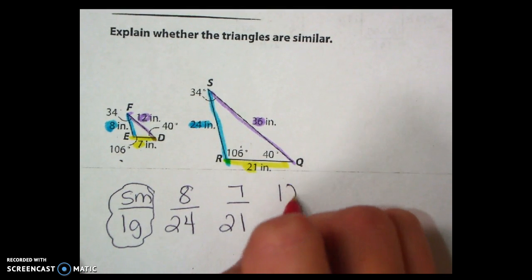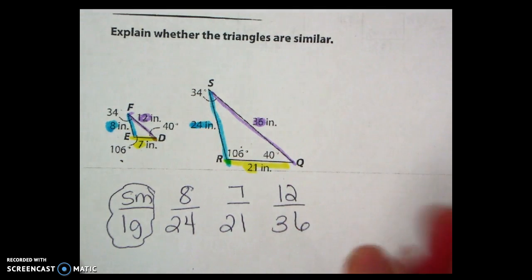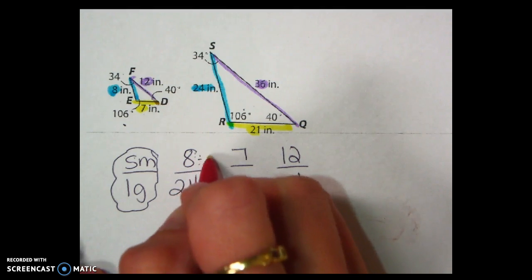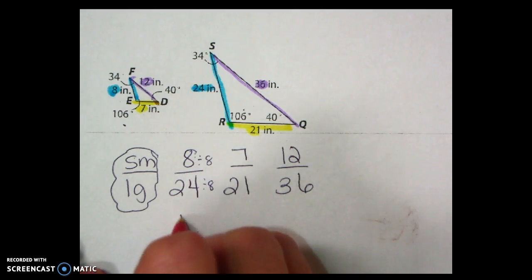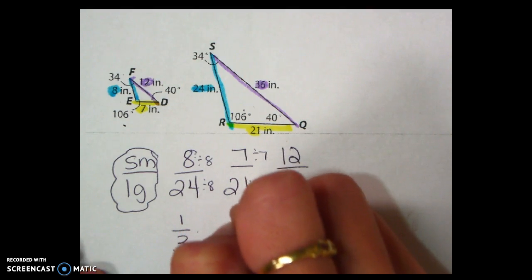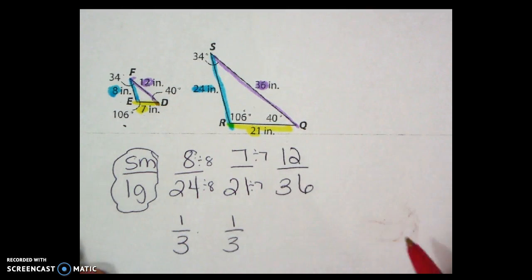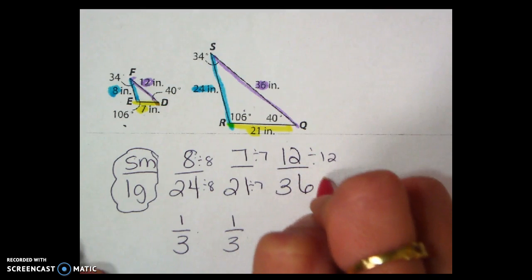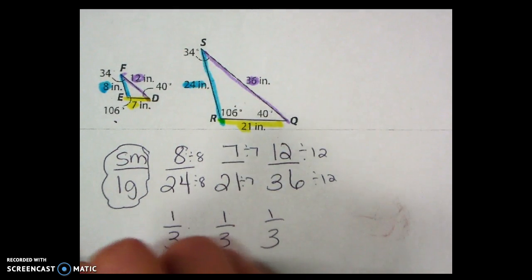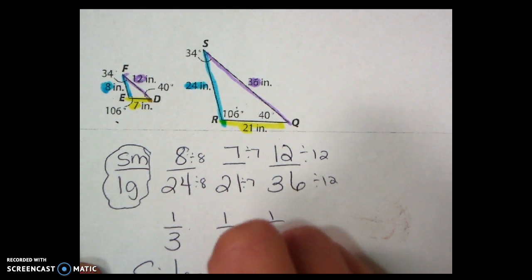And the purple would be 12 to 36. Now if I simplified this, I would divide by 8 and get 1/3. Divide this by 7 and get 1/3. Divide this by 12 and get 1/3. So the sides are proportional.